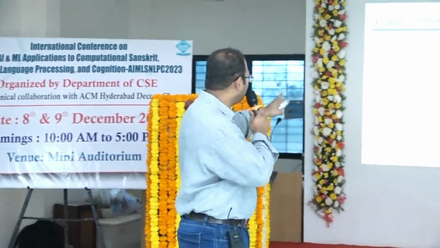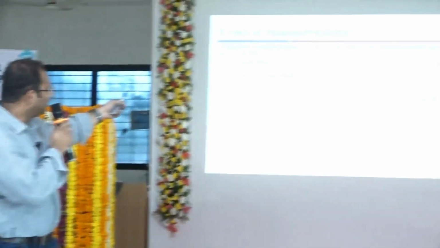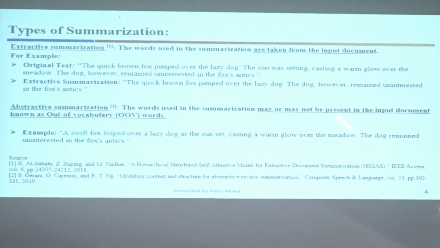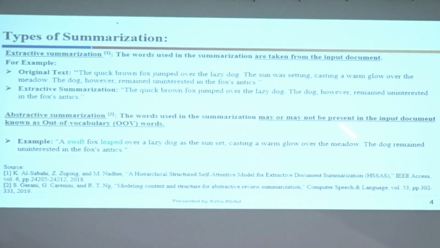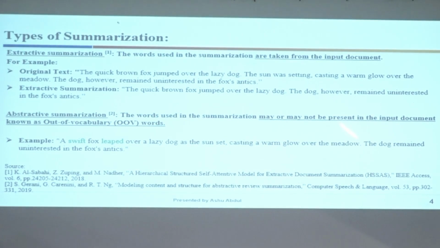Here you can see an example. The original text says a brown fox jumped on the lazy dog, as an example sentence. In the extractive summary below, every word is present in the original text.